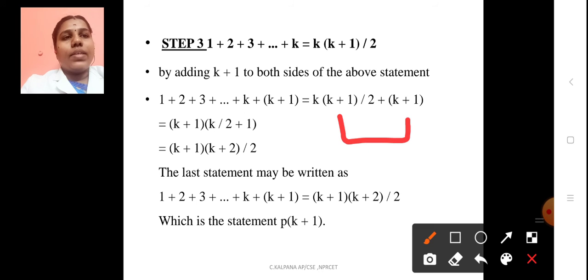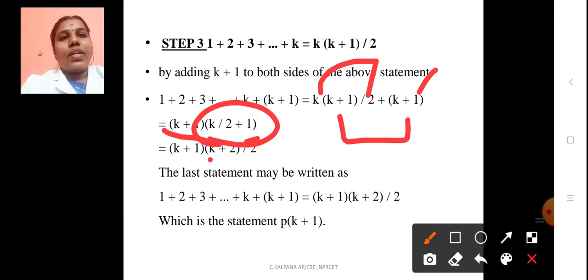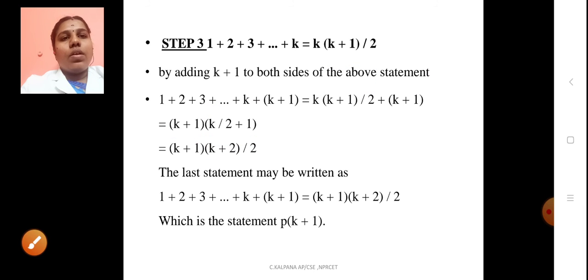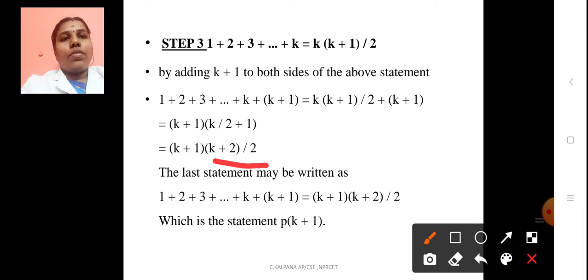So I represented k plus 1 here, and the remaining statement is k by 2 plus 1. Then you have to cross multiply this term. You will get k plus 2 by 2.